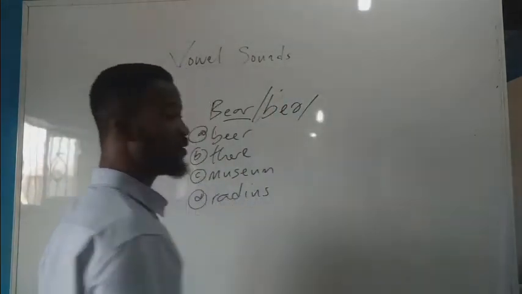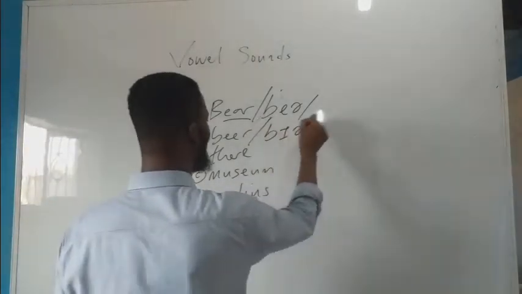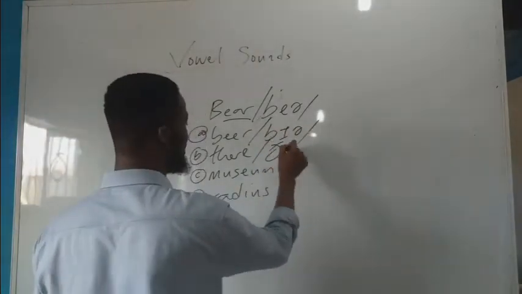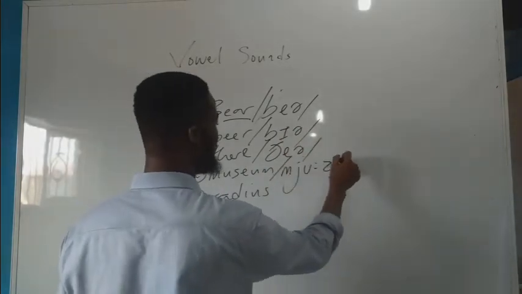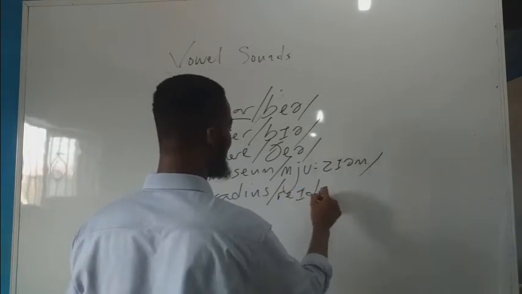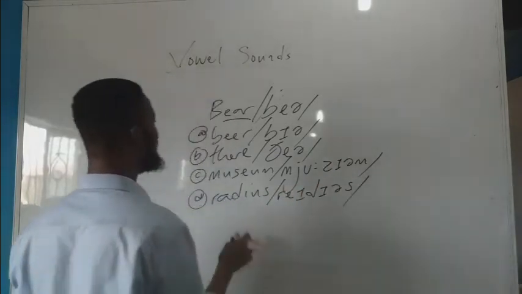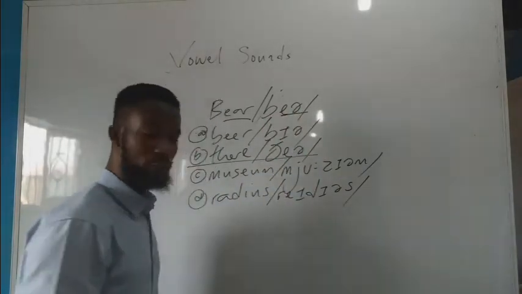Don't mistakenly call this beer, it's called bear. Option A is called beer, option B is called there, and C is called museum. Option D is called radius. So this is what we're looking for, and the only question that has it is option B.